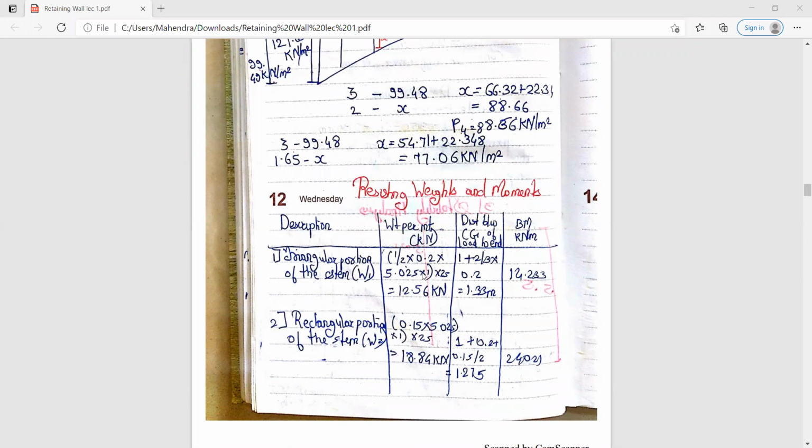So do up till here, and if any doubts you can ask. We are done for the stem, that is W1 and W2.